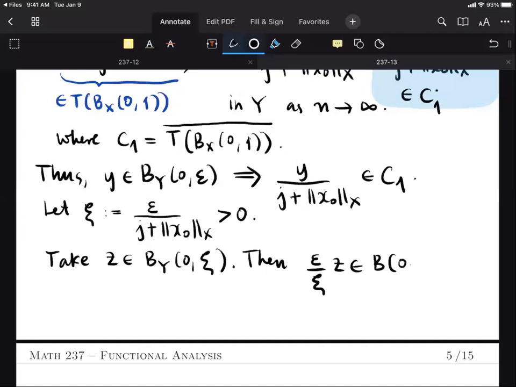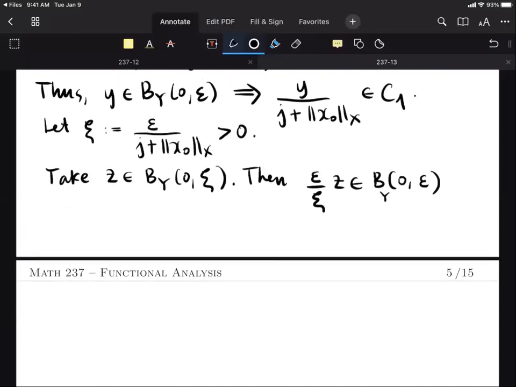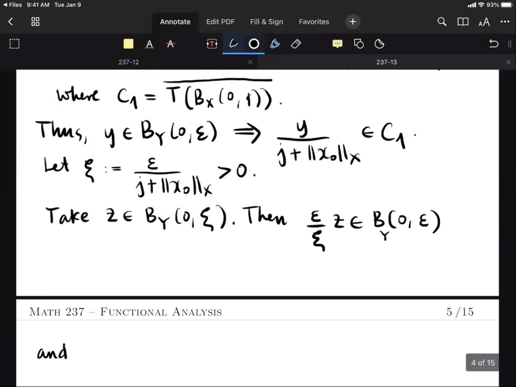Now this will have a radius epsilon. If I have an element of this ball, dividing by this quantity gives me an element of C1.